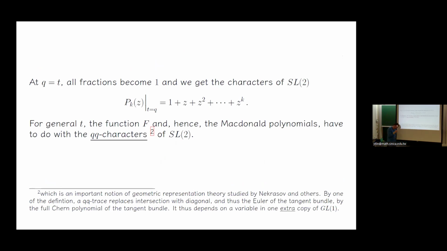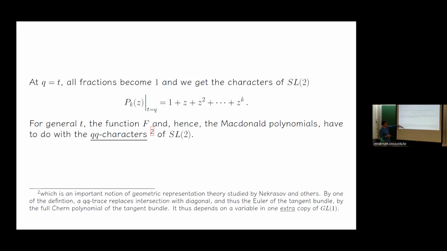And in general, maybe one of the best ways to view McDonald polynomials is also geometrically. Okay, this is maybe a remark some of you may appreciate, but maybe most of you can just ignore. In modern representation theory, there's a very interesting thing called qq-characters.